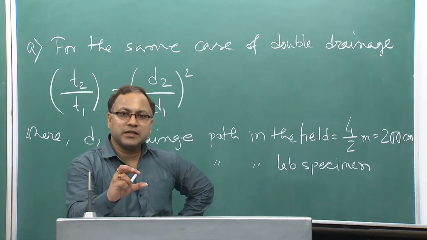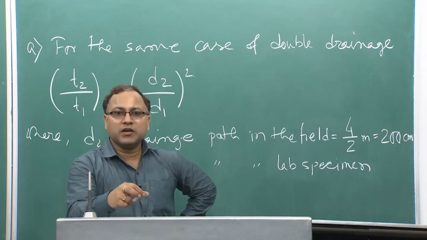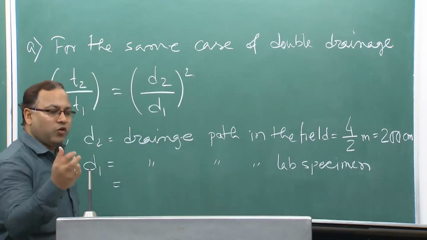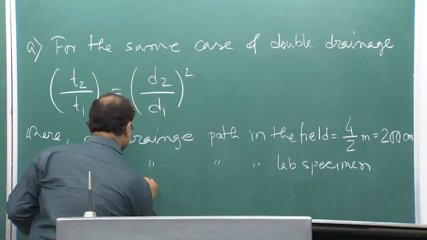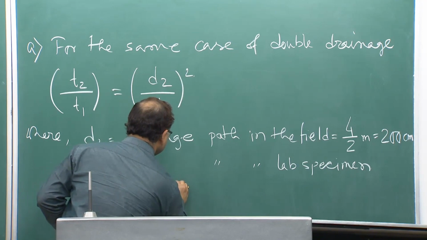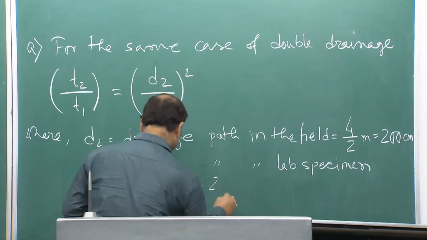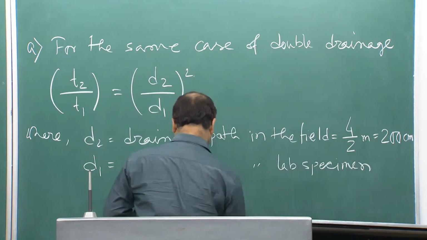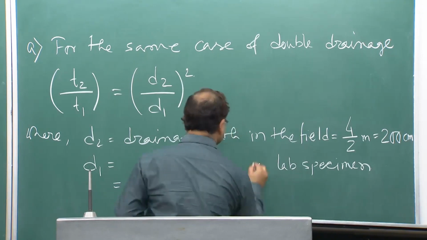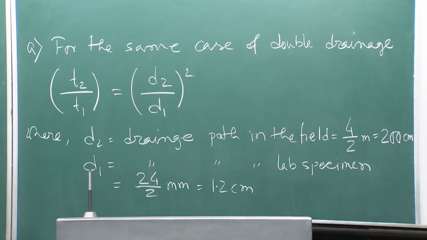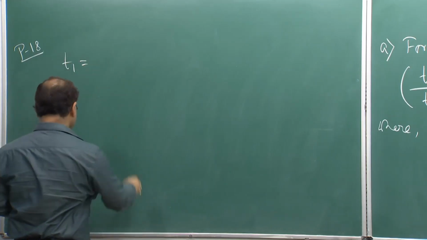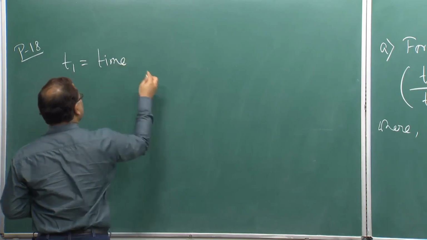So, if 24 millimeter is the thickness of the total specimen, then for the double drainage system D1, that is the drainage path in the lab specimen, will be 24 divided by 2 millimeter, that is nothing but 1.2 centimeter.